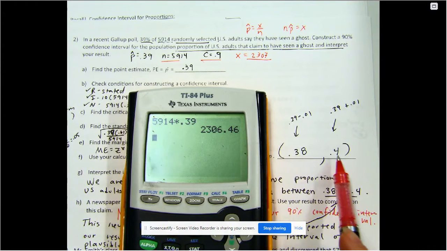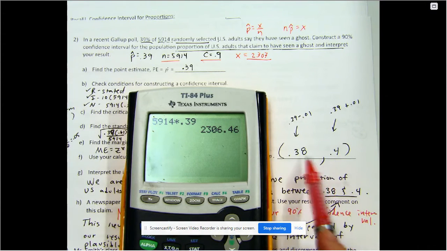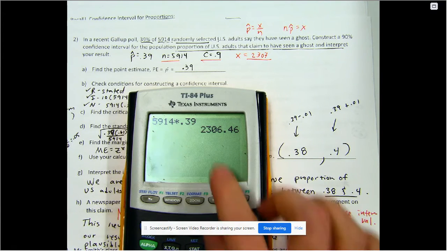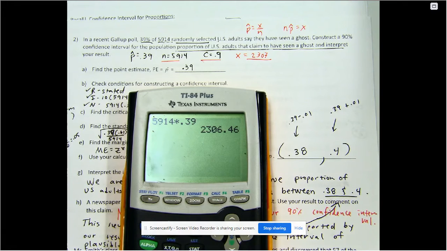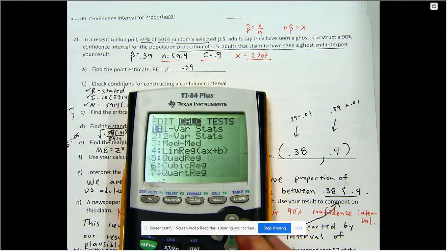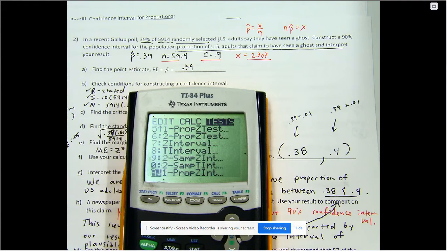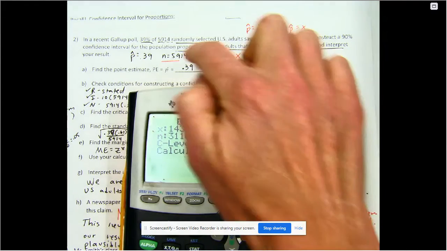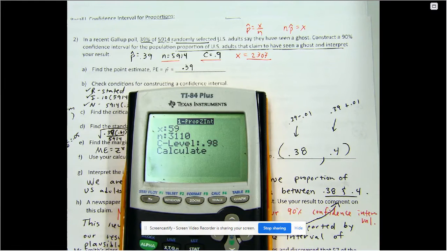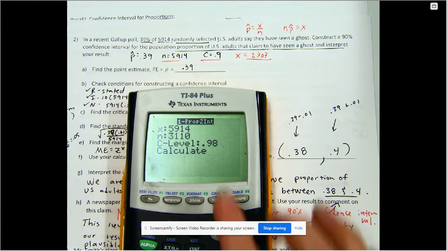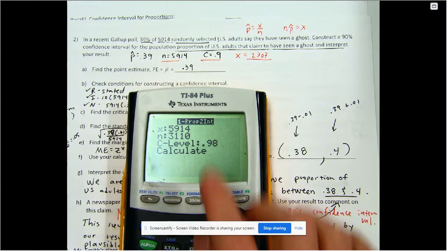Now, because they rounded for us to be able to do this, our answers aren't going to be perfectly aligned with our by hand estimate, but it'll be close. So I'm going to use 2,307. So I'm going to go to stat, go over to test, and I'm going to scroll way down to A. This time my N is 5914. My N, X first.